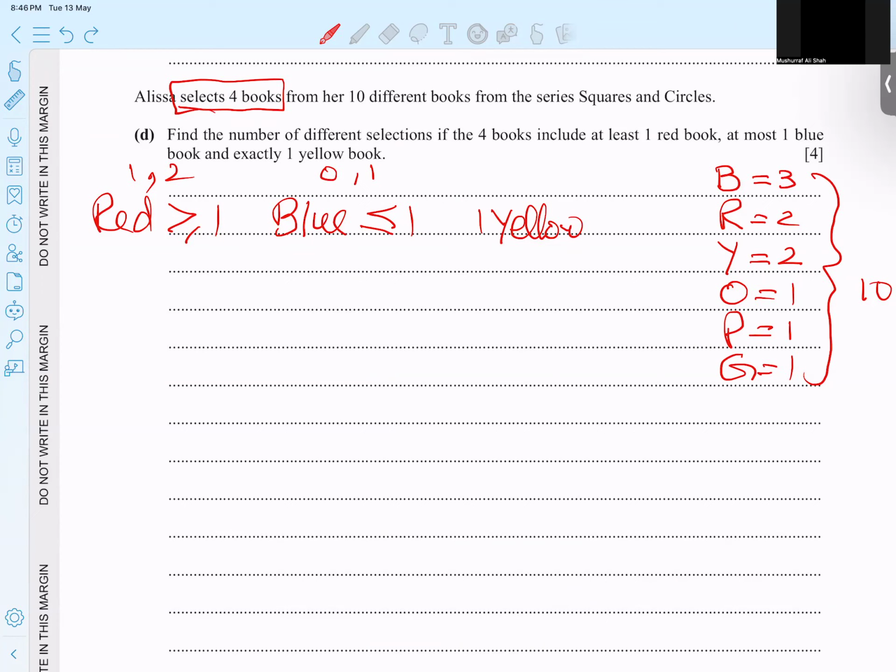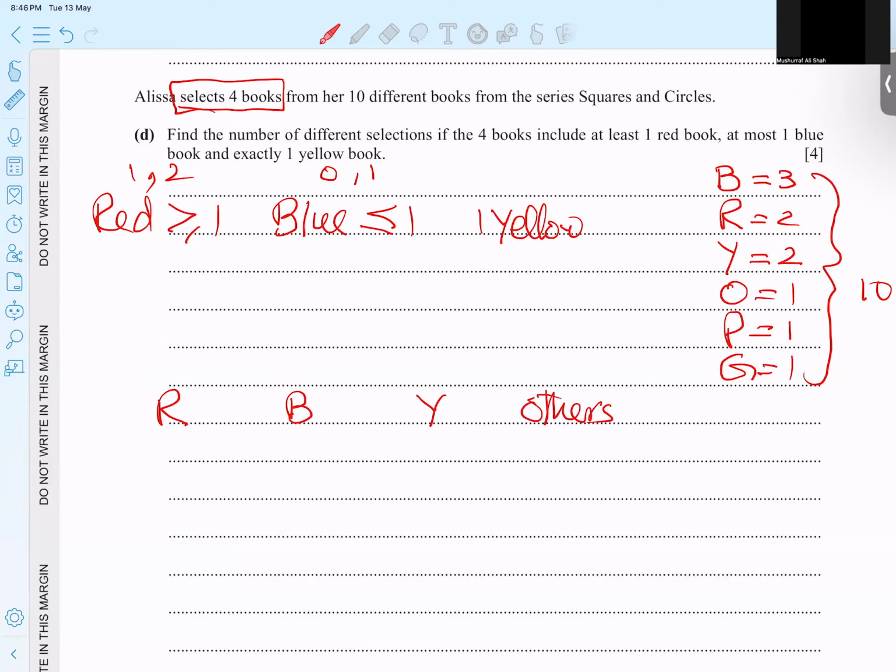Okay, now let's talk about the next part. So how can we make a plan now? Get ready. And others also, we have others. How many other books? If I leave these 3 colors, we have others also. Okay, I make a plan. Let's start from the least number. So red, blue, yellow, and others.